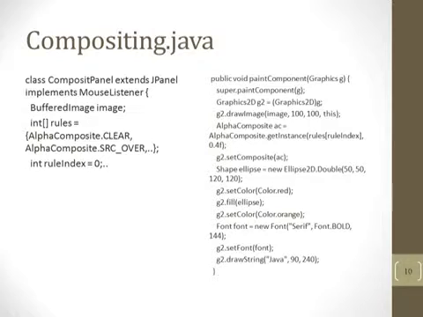The composite rule is then set to the current compositing rule with an alpha value of 0.4. Using the static method getInstance of the AlphaComposite class, a red circle is drawn and the string Java is also drawn with a white color.